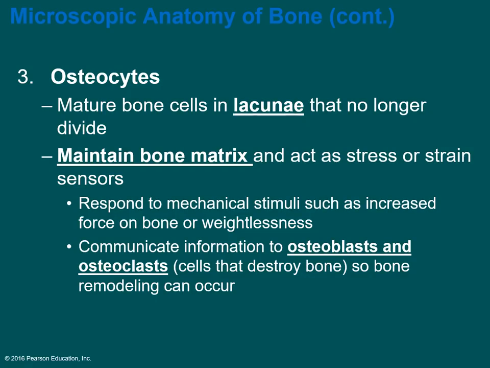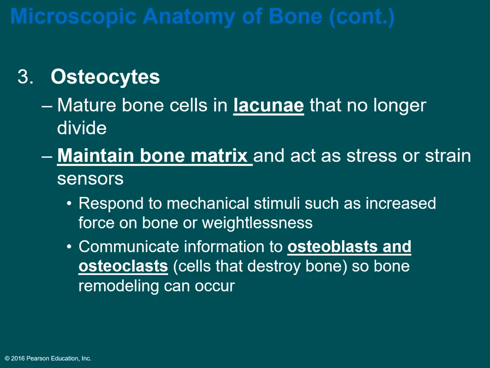The osteocytes, these are mature bone cells that are in those lacunae, but they can no longer divide. They help to maintain the bone matrix. They help to detect stress or any strain. Think of them as like a sensor.